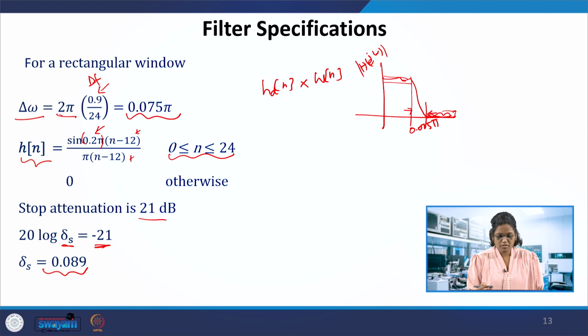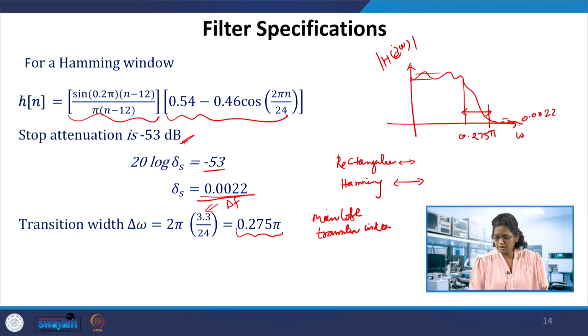If you choose other window functions, such as the Blackman window, it can reduce the ripple even further, to 74 dB, but again the transition width will be more. So the design needs to be taken care of with the choice of window function, and it depends on the specification.